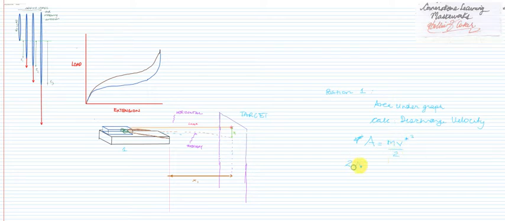So 2 times the area under the graph all over m will be equal to v star squared, as that area has to correspond to the extension. 2A over m is equal to v star squared, and therefore v star will be equal to the root of 2A all over m. This is the area under the graph.